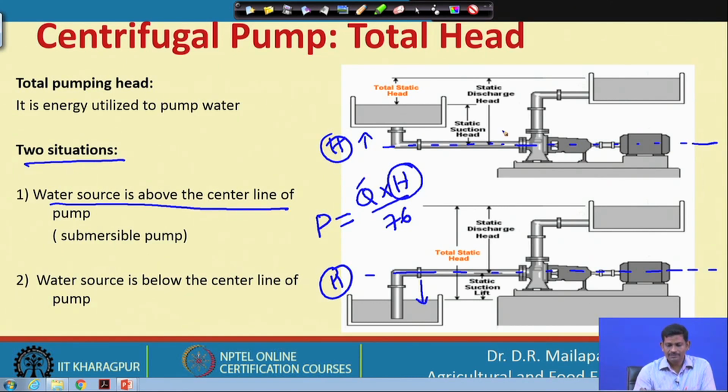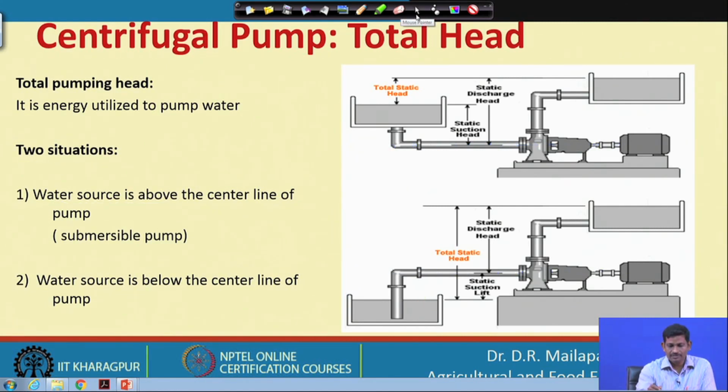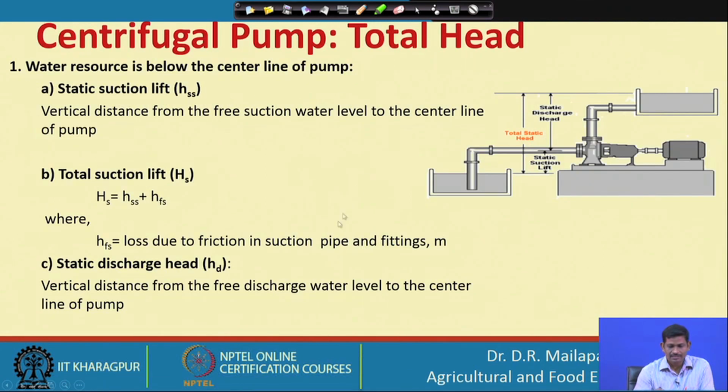The discharge anyway we will be knowing, so knowing the discharge, the problem is the head. The head involves the real pipelines, friction head losses, and other head losses. The main task is to find out the total head in both cases.